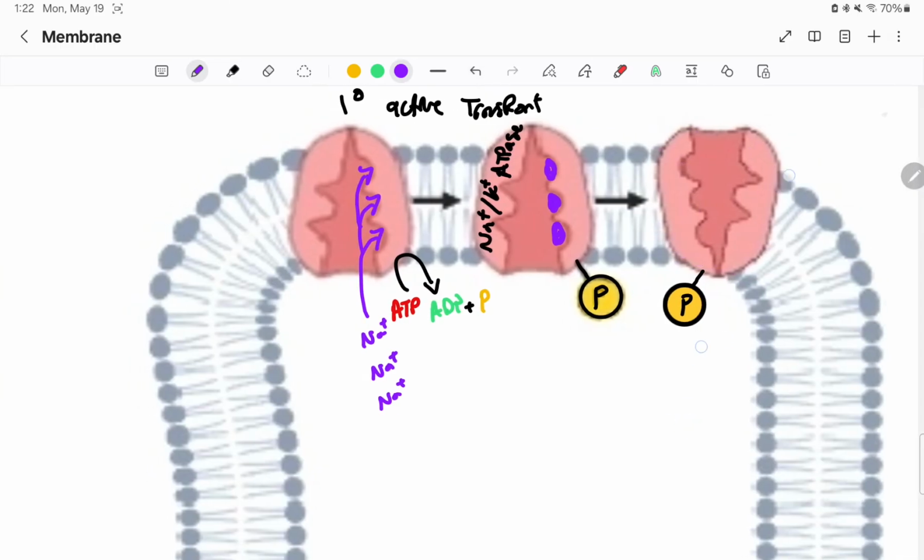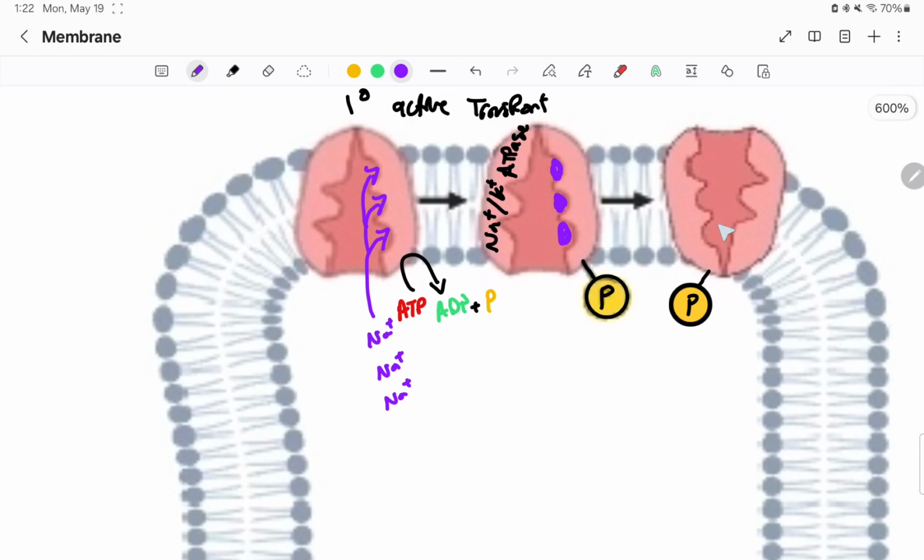Now in this configuration where we have changed the shape of this protein, those high affinity binding sites that were available for sodium are no longer high affinity. And so these guys will now leave, and we have now successfully pushed sodium from an area of low concentration to an area of high sodium concentration. So here sodium comes out here.